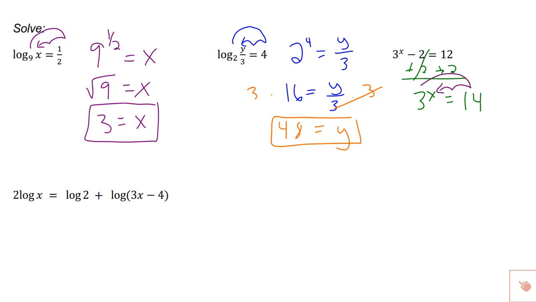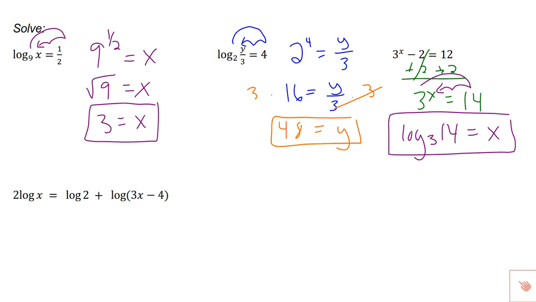Since I'm going from exponent to log, I have to write the word log, start with the base, jump to the 14, jump to the equal sign, jump to the x, and that's as good as it's going to get. Technically, in my calculator, I could plug in log base 3 of 14 and get a decimal answer, but most professors and standardized tests prefer to keep it in this exact form.